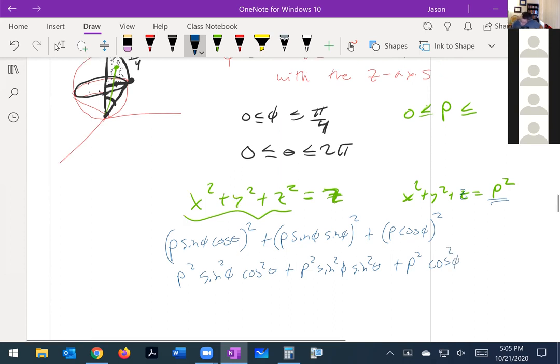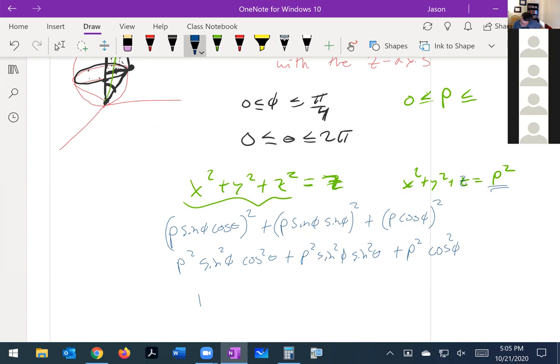Now I'm going to factor out a rho squared. We get sine squared phi cosine squared theta plus sine squared phi sine squared theta plus cosine squared phi.